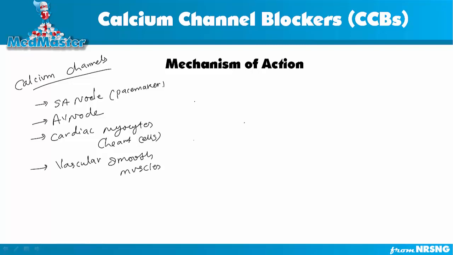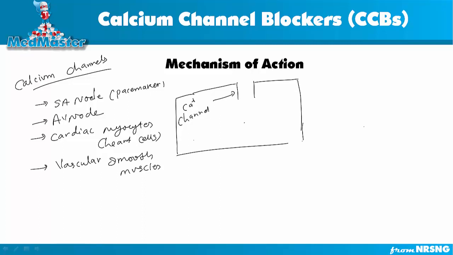Let's say here is a calcium channel, and this is a cell. Either one of these could be SA node, AV node, cardiac myocyte, or vascular smooth muscle. When this channel opens, all the calcium moves in.